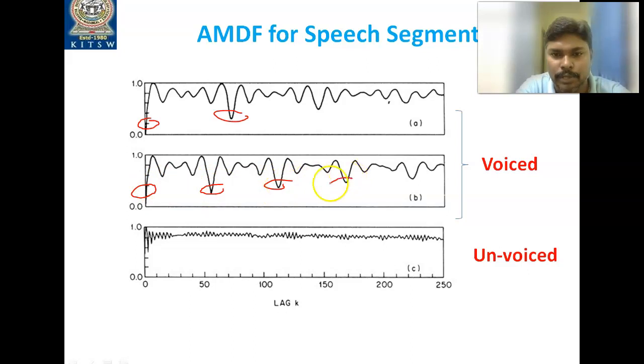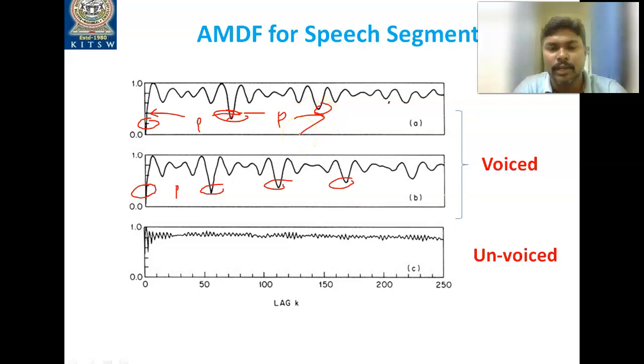This is a voiced signal, and we are interested in calculating the pitch period estimation. From here to here, the distance between these two valleys is nothing but one period. I can call this the pitch period P, and here also the pitch period is P, and the distance between these two is also one more period we take into consideration.